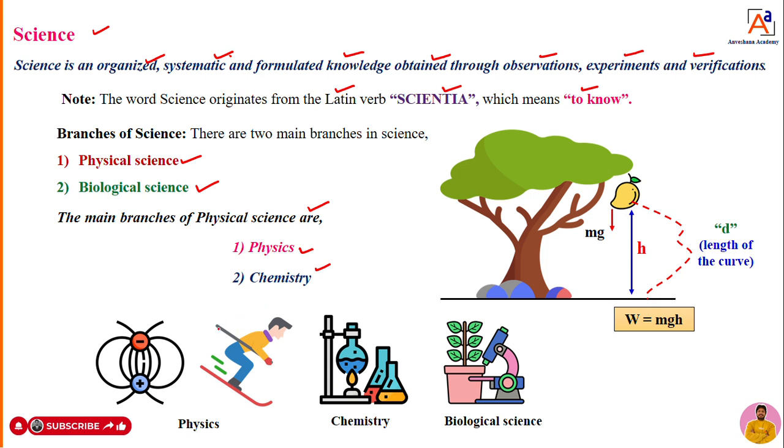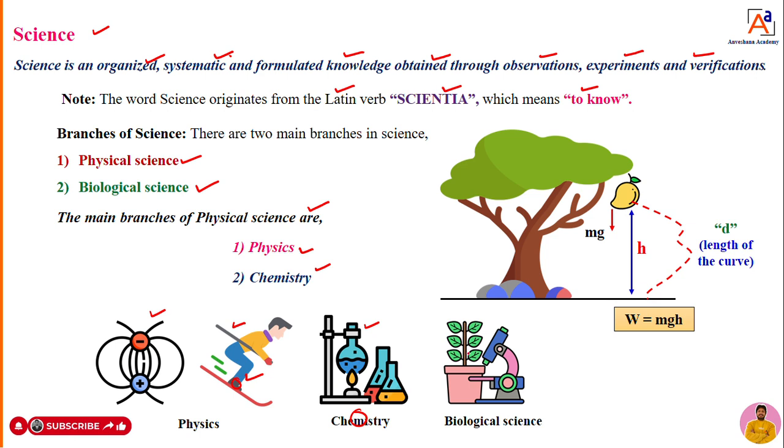Dear students, in our day-to-day activity, we are having a number of applications. You can take anything around us. There is a physics and there is a chemistry and there is a biological science. When a man is skidding down, there is a physics behind it. When electrical charges are moving, or you can take electromagnetic field, that's an application of physics. In any chemical reaction, there is chemistry behind it.